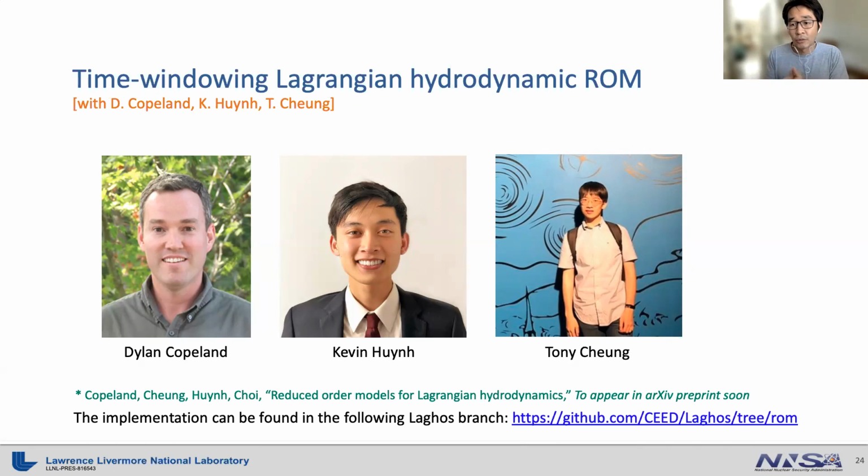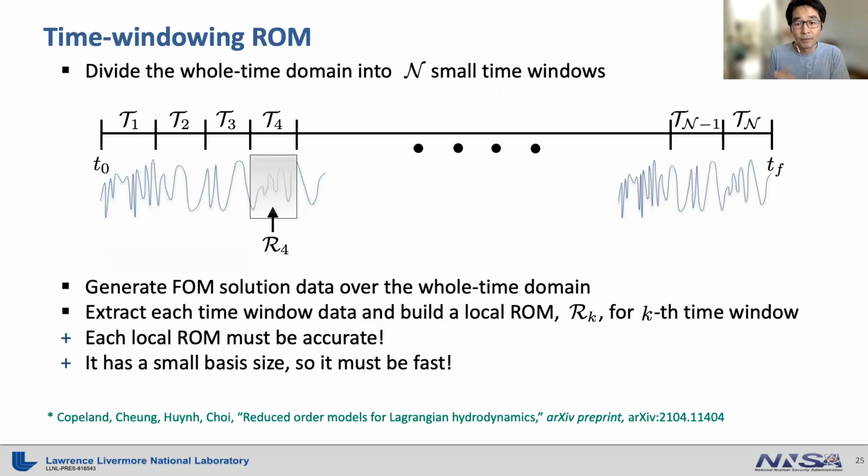The first option is to apply a time windowing reduced model. The idea behind the time windowing is very simple. Because you need to include all the data in the linear subspace reduced model, if the simulation is advection dominated, you just divide the time domain into several subdomains and build a local reduced model for each time window.